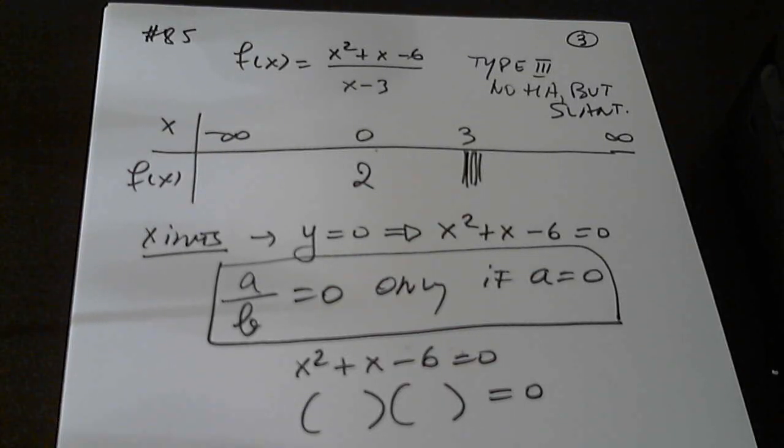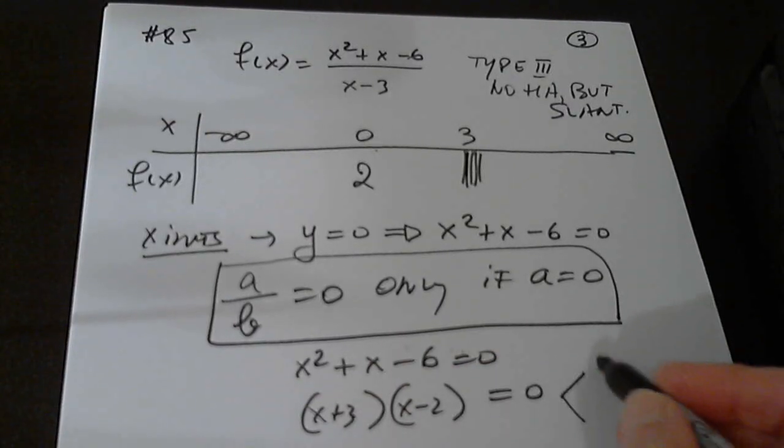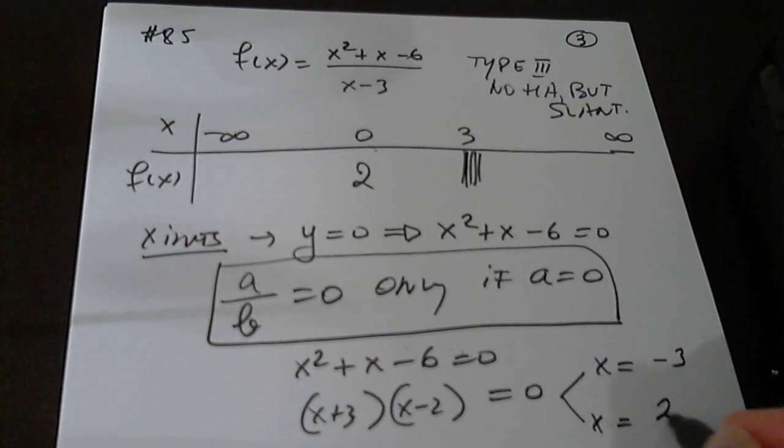X plus 3 and then x minus 2. Excellent. So we have two solutions, x equals and x equals. Great job. Negative 3 and 2. Very good.